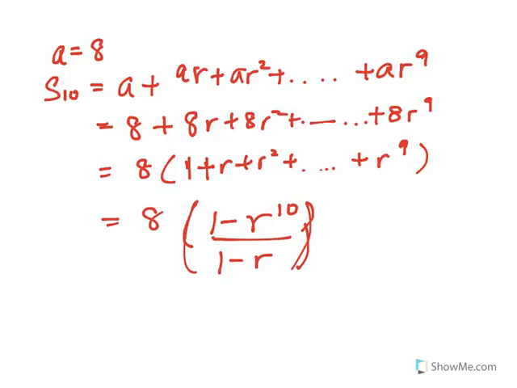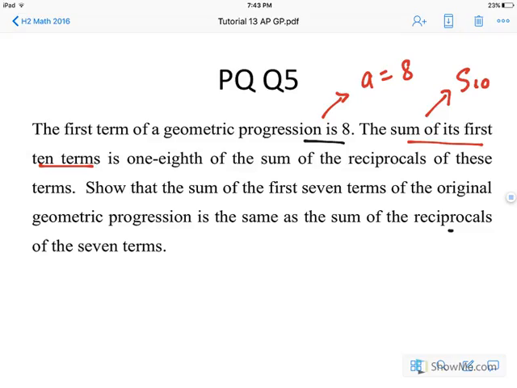So this is the sum of the first 10 terms. That is the first one. Next we'll talk about 1 over 8 of the sum of the reciprocals of these terms. Reciprocals of these terms.